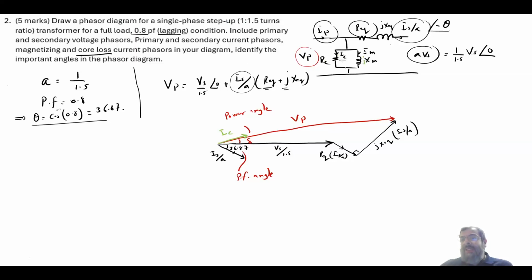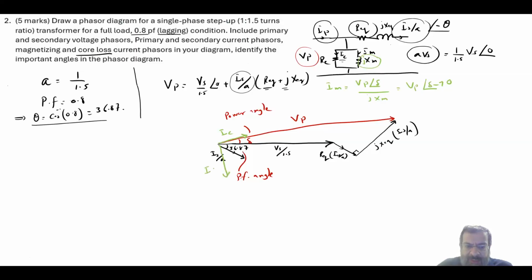Now this is jXM. So there will be a 90 degree angle from VP. So the current IM will equal VP, angle of delta, divided by jXM, or this will be VP angle of delta minus 90. So it will be 90 degrees, so there will be a minus 90 here.